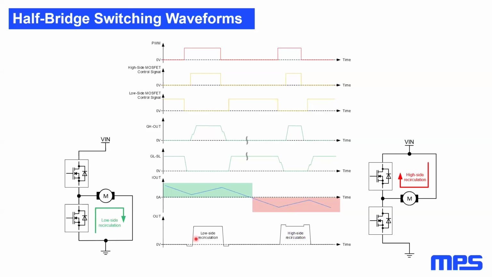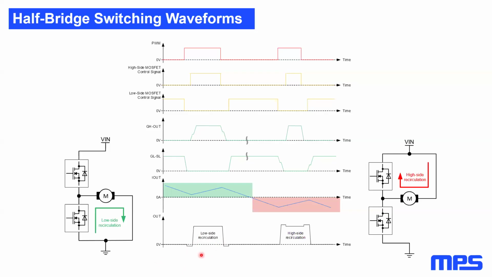During that time operation, the motor current is carried by the body diode of the rectifier. In case the bridge is sourcing current, it is the low side MOSFET that will act as a rectifier, and the output voltage will temporarily go one diode drop below ground.